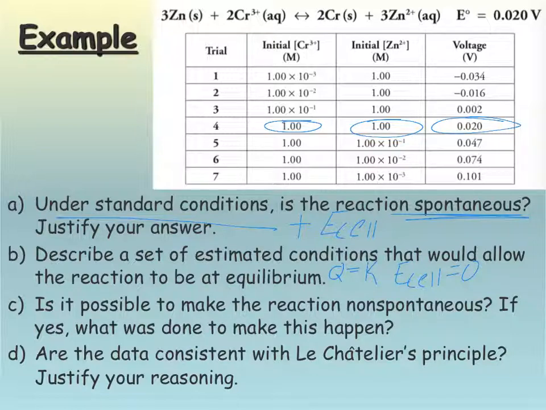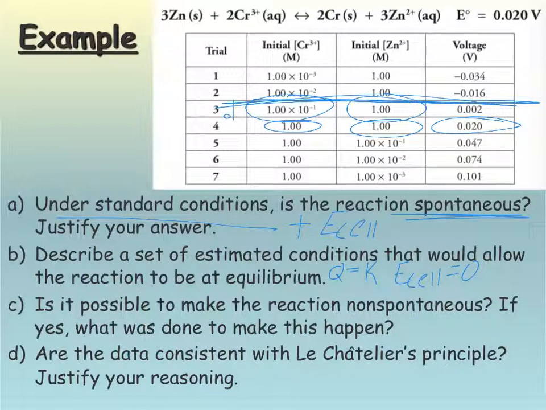Okay, so it looks like we are definitely really, really close to equilibrium right in here. So I said that probably the best thing is, if you look at the concentrations of your chromium and your zinc, it looks like I basically have this one as 0.1, and then 1.